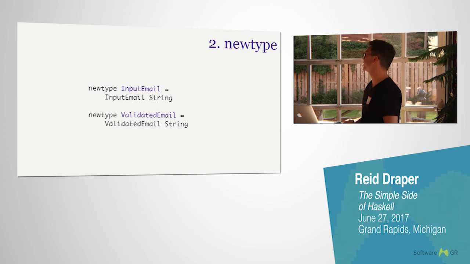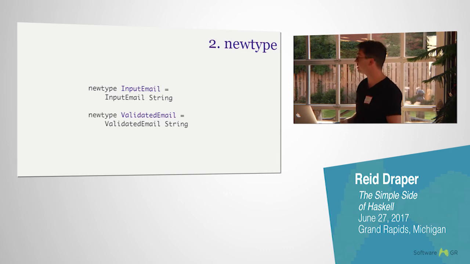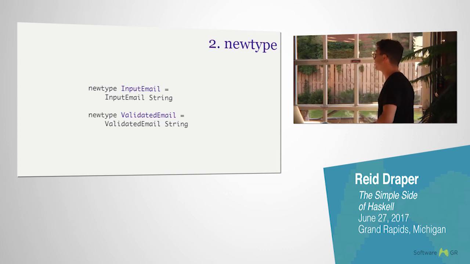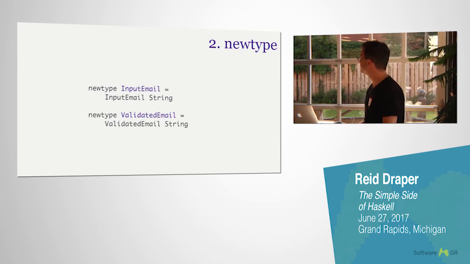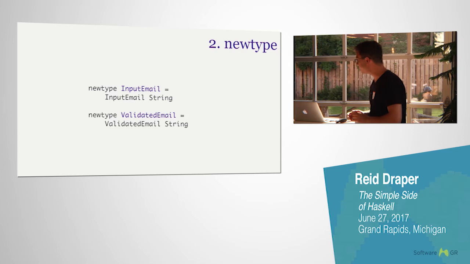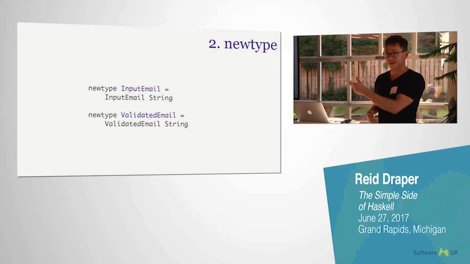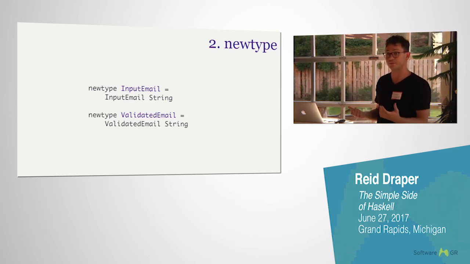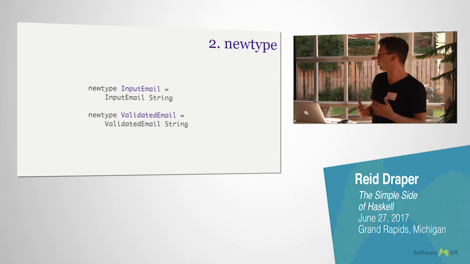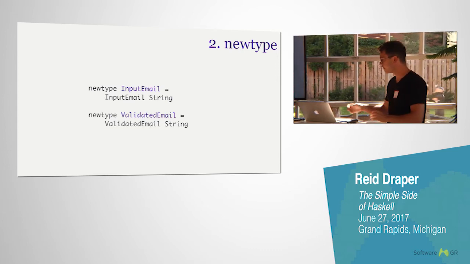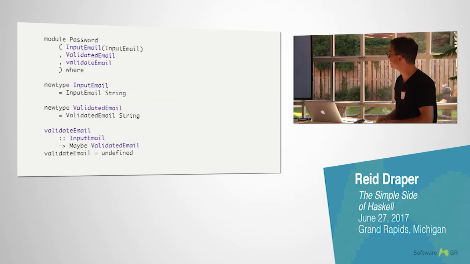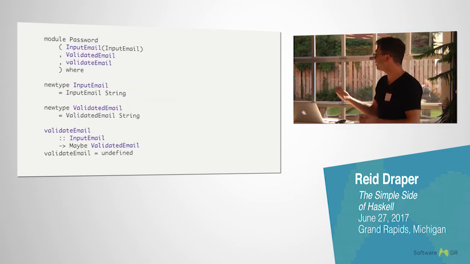So in this case, we're going to do an example of validating an email address. We have our input email, and then we have our validated email type. If some part of our program takes a validated email as the input to the function, we know that the only way that we can create a validated email is by calling this function.